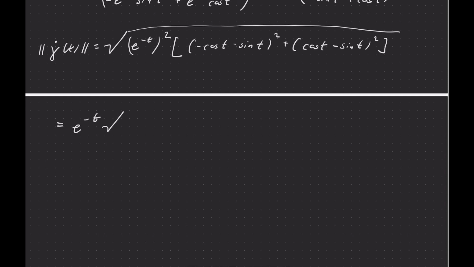And this, on the other hand, is the same thing as cosine squared t plus 2 cosine t sine t plus sine squared t. And then we have this second expression, (cosine t minus sine t) squared. That is the same as cosine squared t minus 2 cosine t sine t plus sine squared t.